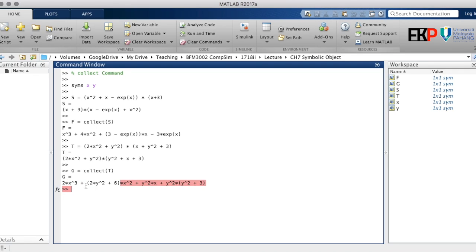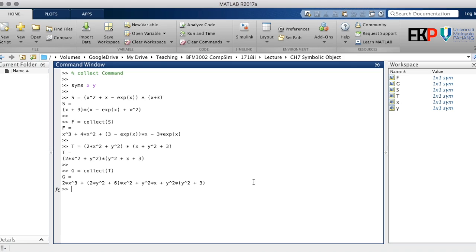So now these are all the coefficients for x to the power of 2. And then we have y squared times x, and then y to the power of 2 times y to the power of 2 plus 3. This is the last term that is displayed in the equation of g.